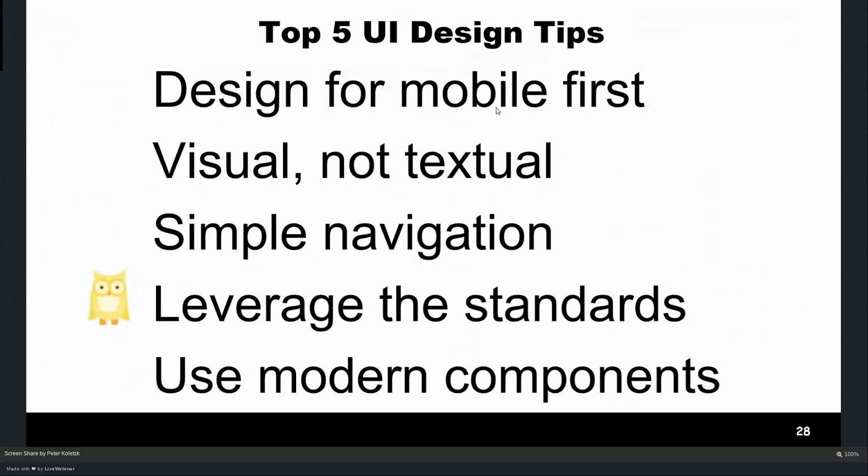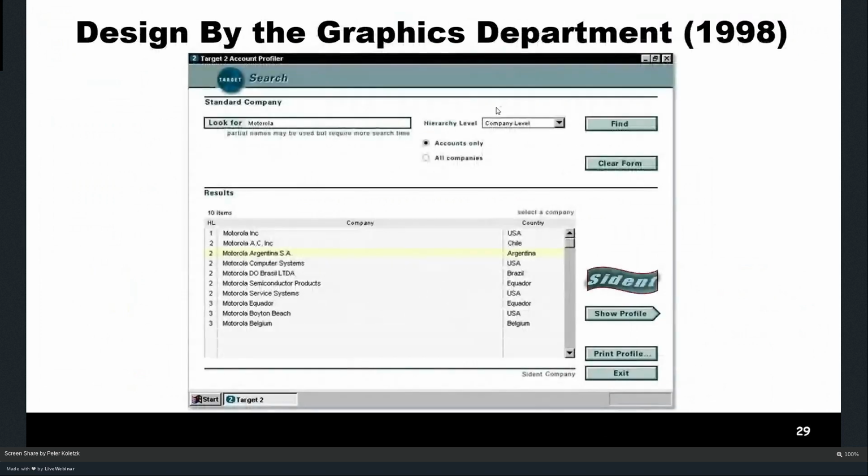Okay, so standards is the next principle. These design tips are really not atomic, right? They're more categories of tips. So leveraging the standards. There are standards. Oh, this is a screen from a client that will remain nameless that I worked with in 1998, so a long time ago.